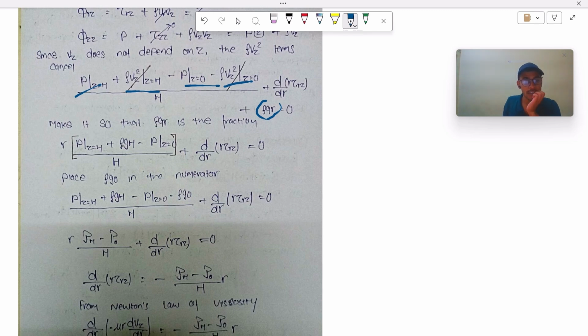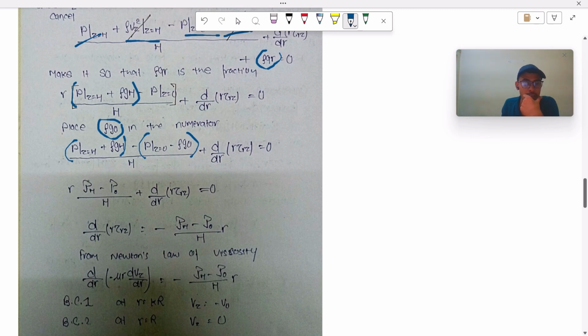And to make this look similar, that is P at z is equal to h minus P at z is equal to 0, we have introduced rho g naught. So now the whole term, P at z is equal to h plus rho g h and P at z is equal to 0 and rho g 0, will look similar, so that we reduce the whole term into a modified pressure term.